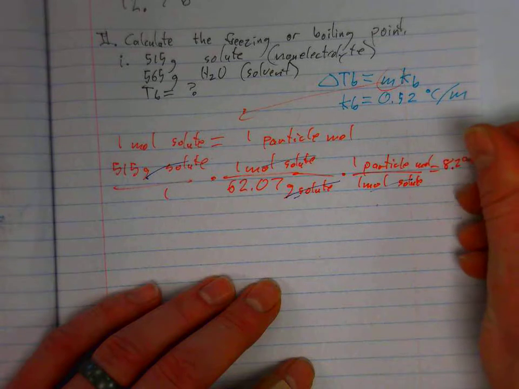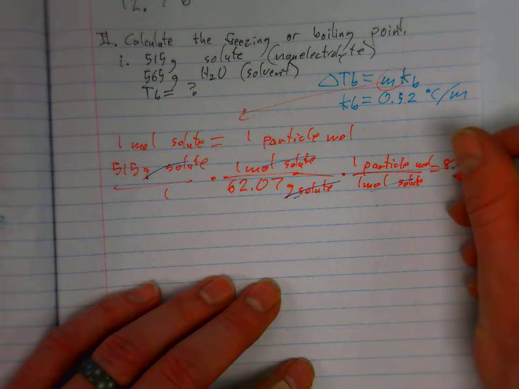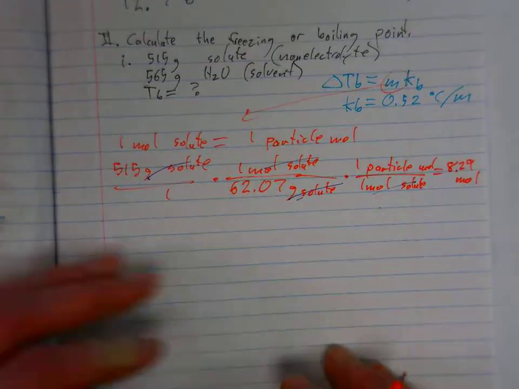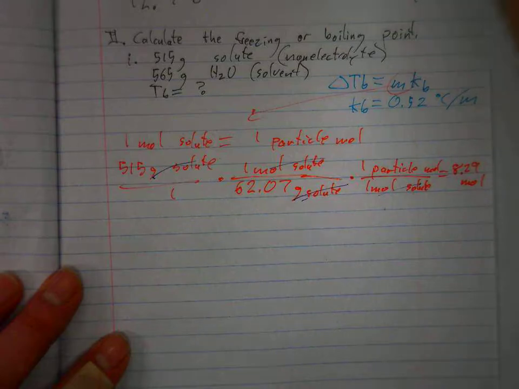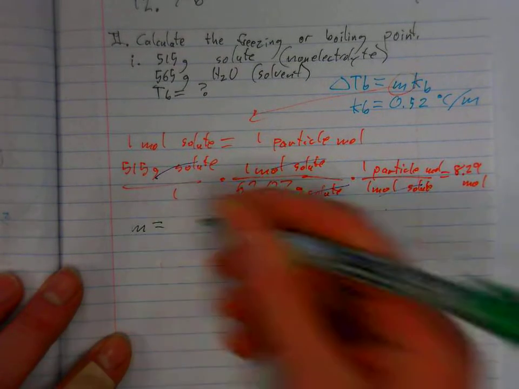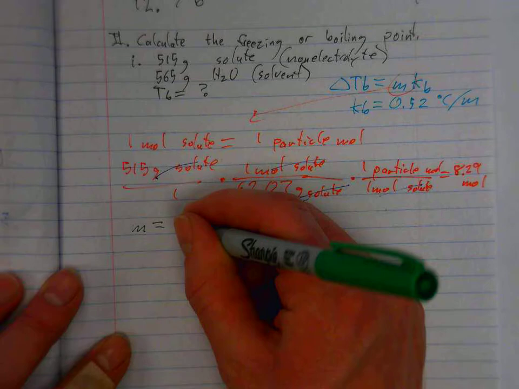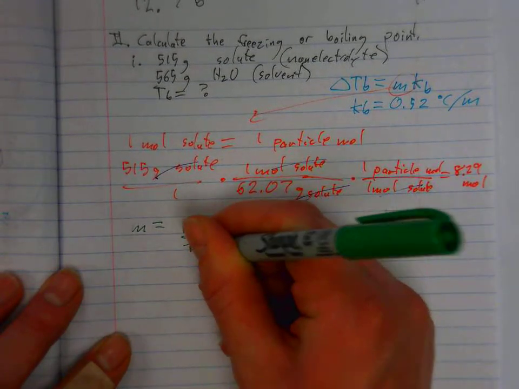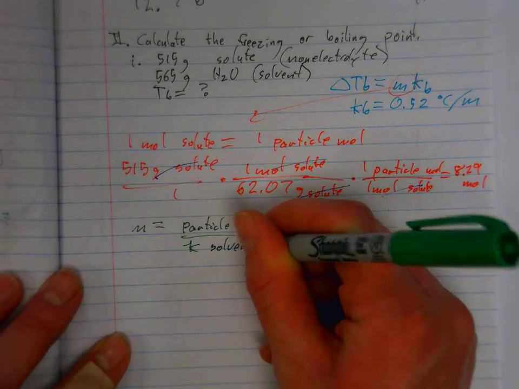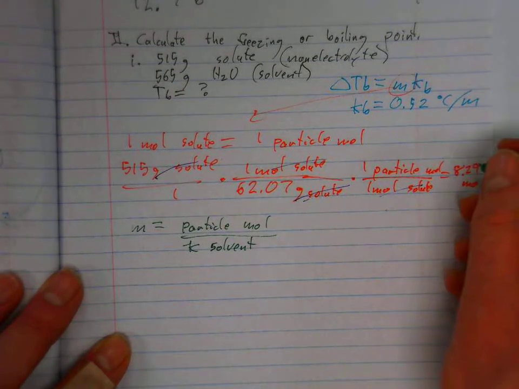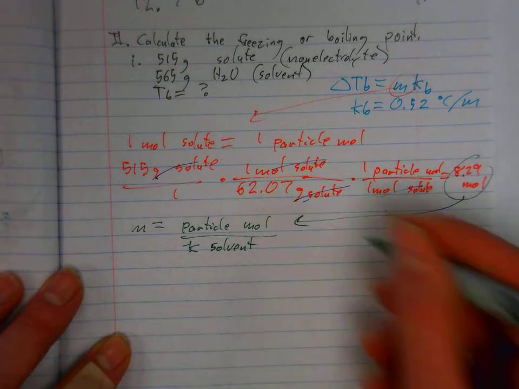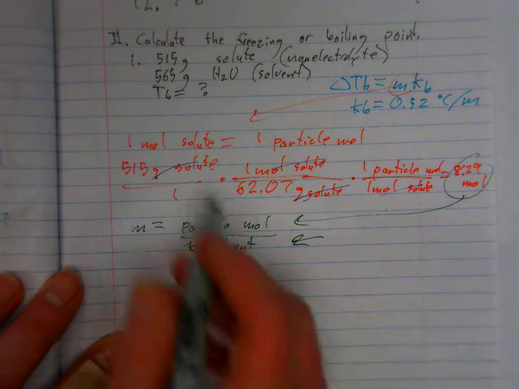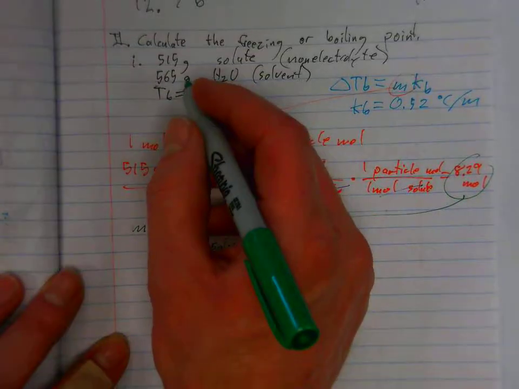Now we need to use this with the molality equation. Molality is the number of particle moles divided by the kilograms of the solvent. The particle moles we just found, so we plug that in. The problem gave us the grams of solvent, and we can convert that to kilograms by dividing by 1,000, which gives us 0.565 kilograms.